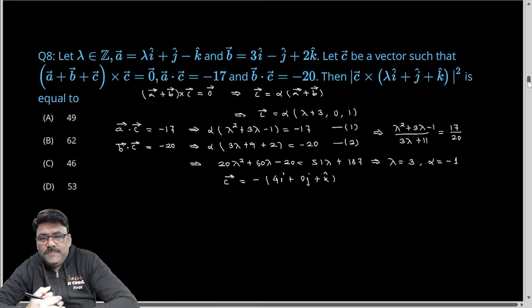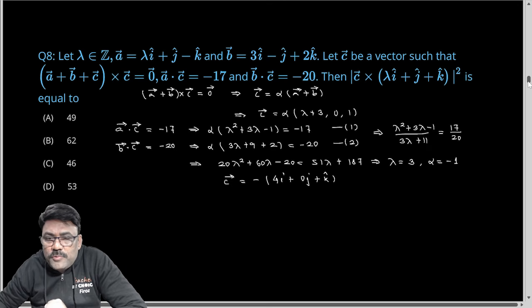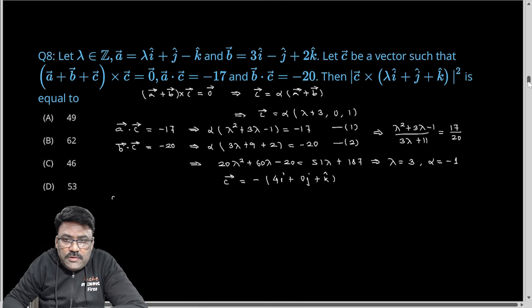This is the vector C. Now you are taking the cross product of C with lambda i plus j plus k.